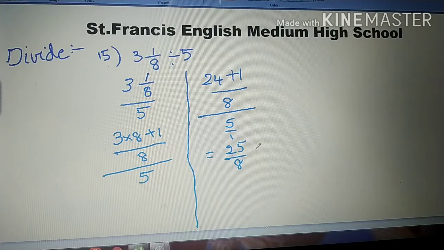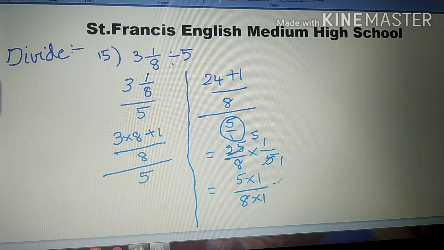Now with this multiplication symbol, now I will write the reciprocal of this 5 by 1, or this 5 will be 1 by 5. Okay, 1 by 5. Now do any cancellation if you have, do that one. 5 ones, 5 5s. So 5 into 1 divided by 8 into 1. Now you will get here 5 by 8.